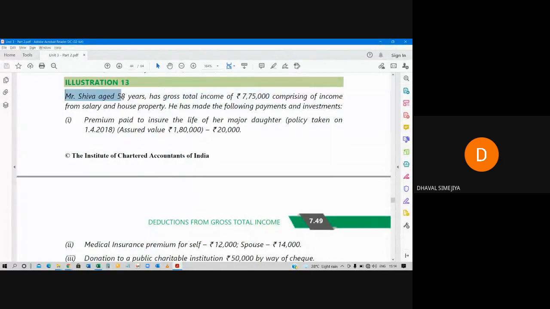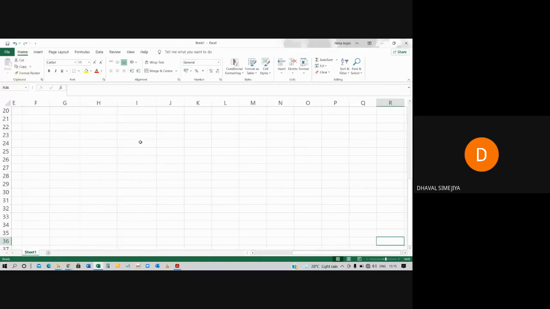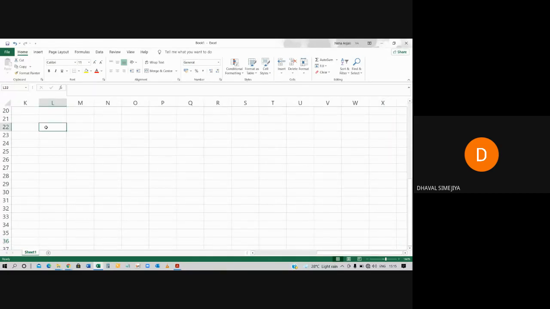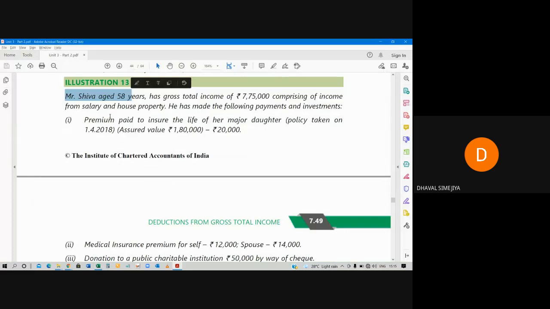Mr. Siva, aged 58 years, has gross total income of 7,75,000 rupees, comprising income from salary and house property. He has made the following payments and investments.